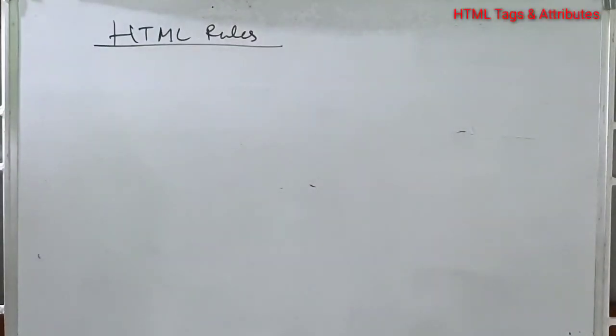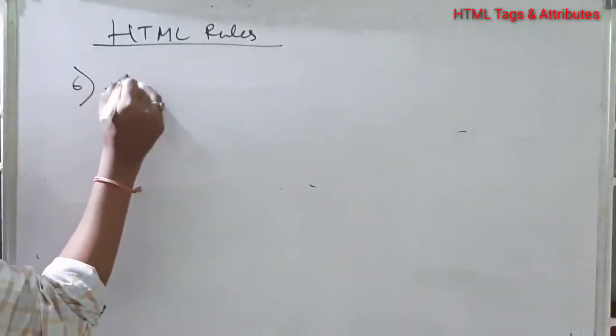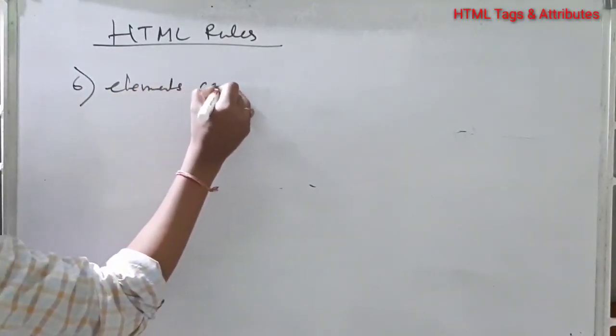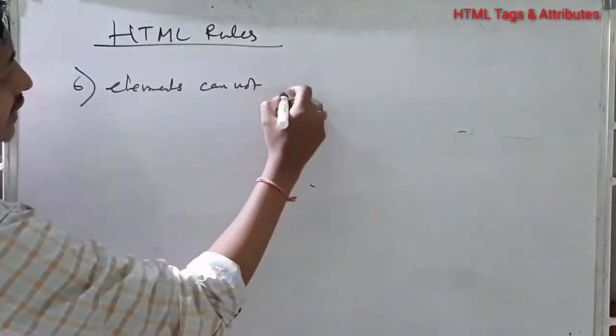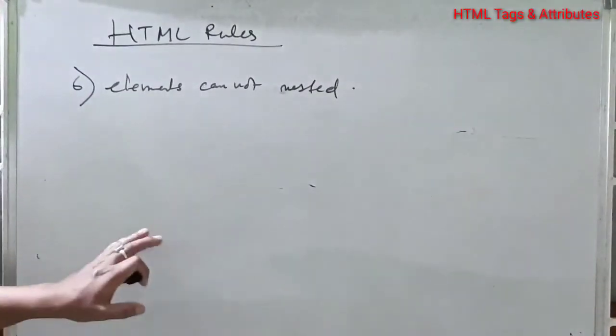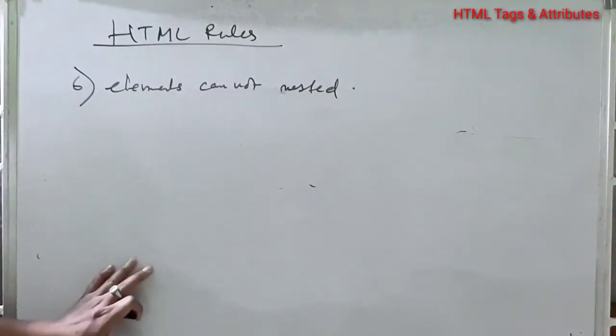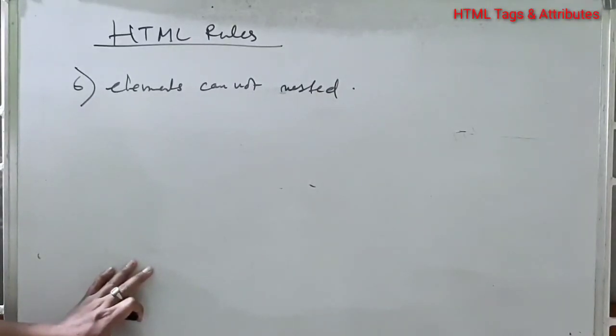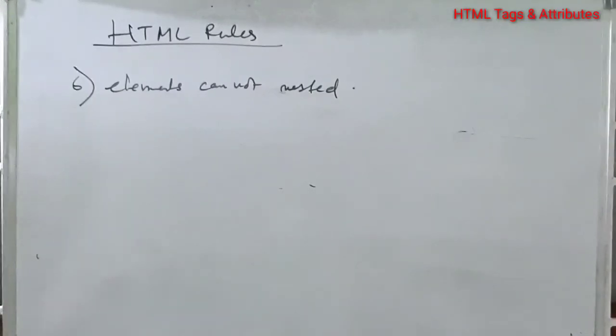Number 6 rule and the last rule: elements can be nested. Nested means one after another. Now, if we want to underline text and also make it bold, we can write B and U. Note the order of the closing tags; the following is incorrect.